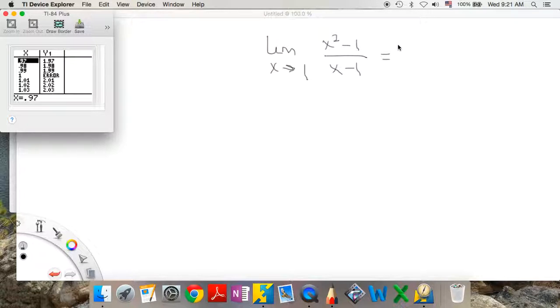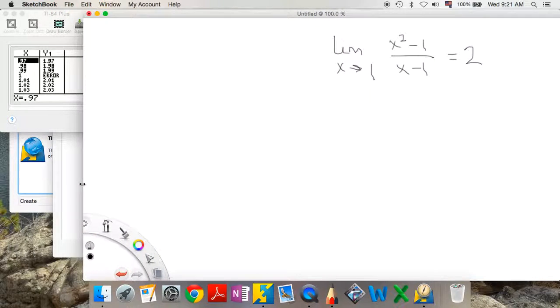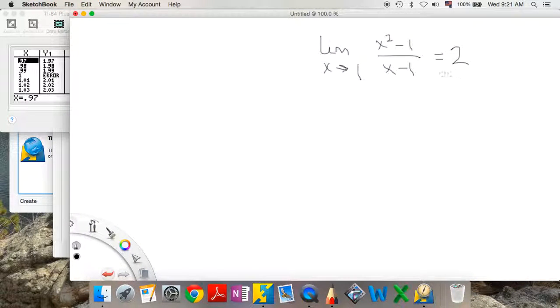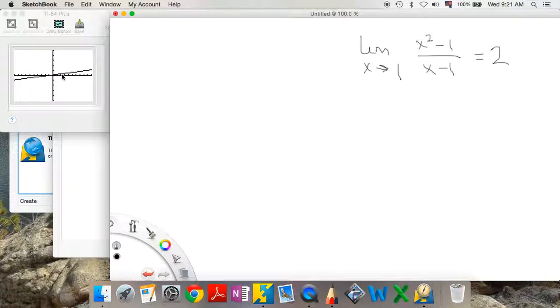That means that the limit is 2. So if we look at our graph again, you can see that as you go along, x equals 1, you're getting closer and closer to 2. But it's not defined there.